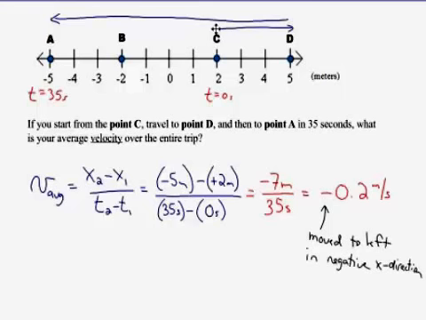So again, average velocities are vectors. They have a magnitude and they have a direction. And in one dimension, that direction is represented with a positive or negative sign. Positive meaning in the positive x direction, or the positive y direction if we have something moving vertically, or negative sign meaning that it's in the negative x direction.